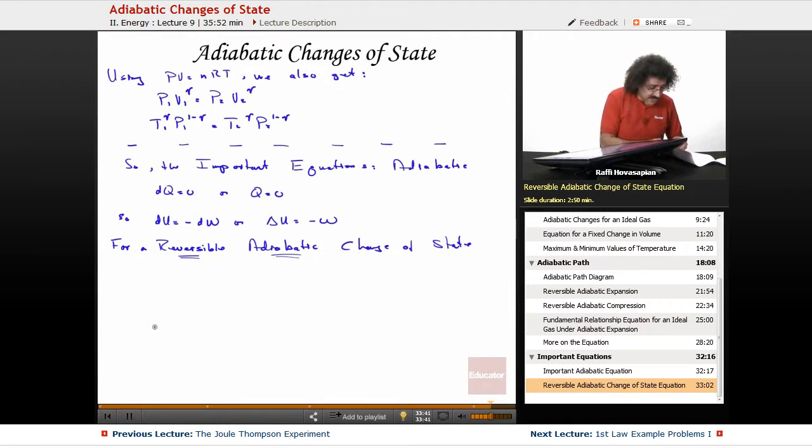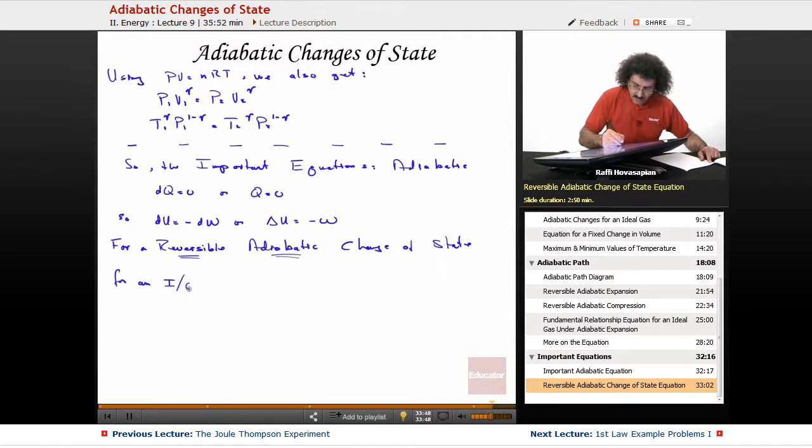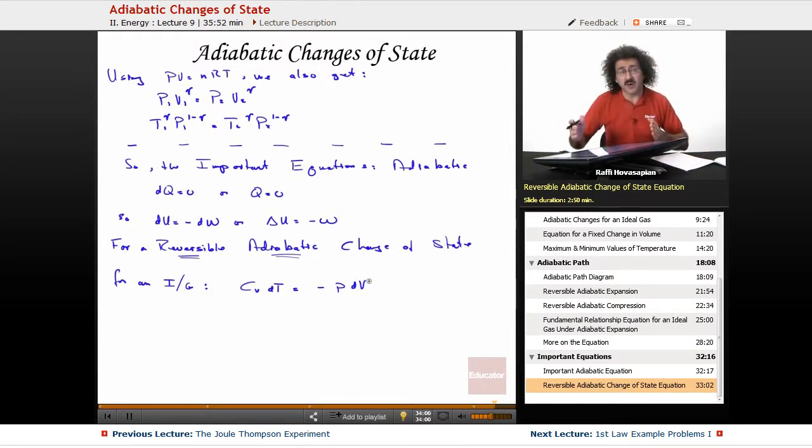So for a reversible adiabatic change, now for an ideal gas, we had CV dT equals minus P dV. That's the basic equation. You can go ahead and take care of the integration.